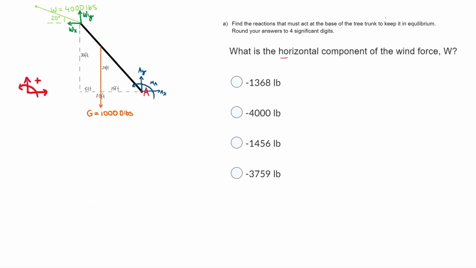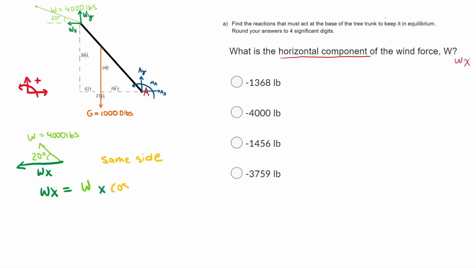We're looking at the horizontal component of W, which we labeled WX. So again, taking a look at W and using the angle of 20 degrees, but this time WX is on the same side as the 20 degrees. So we know that WX will be equal to W times, in this case, cosine 20 because they're on the same side.